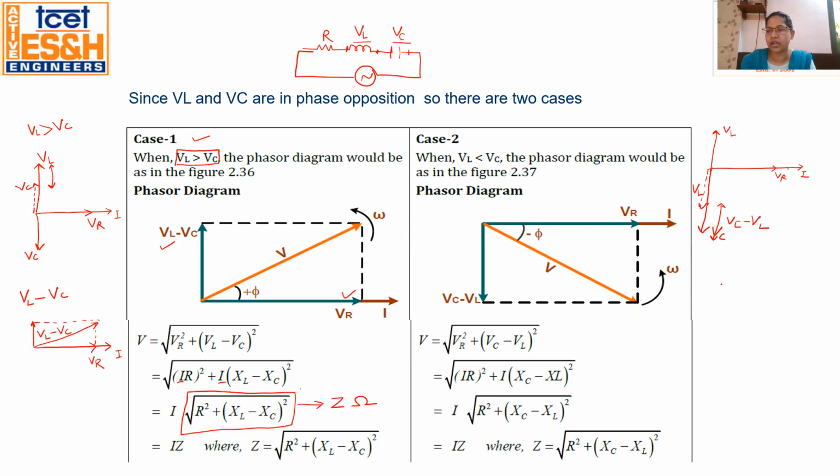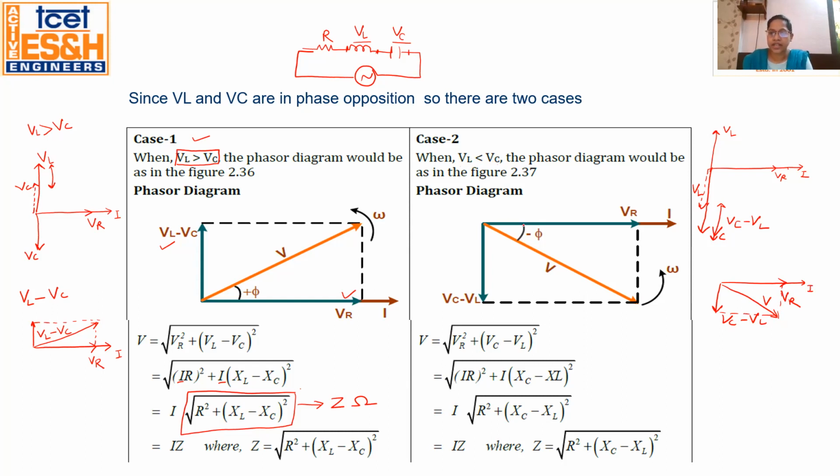This is VC minus VL and this is I, and the combined resultant is this. So this is the phasor diagram of the RLC series circuit when VL has a lesser value than VC.